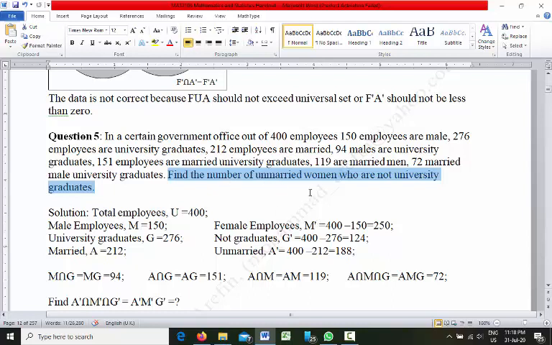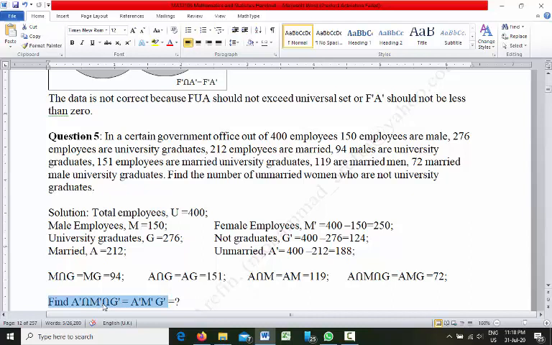Unmarried means A prime. Woman means female, so M prime. Not a graduate means G prime. So we want to find out A prime, M prime and G prime.